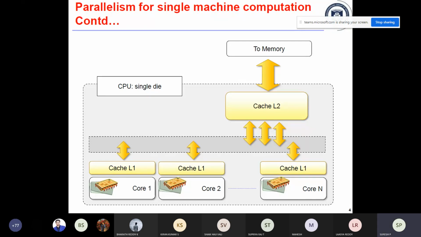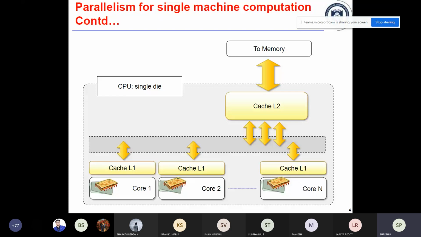So in 2004, they decided to end frequency scaling, meaning they did not want to scale the computer with respect to frequency. After 2004, the dual core system came into existence, so multiple cores started being introduced inside a single system.